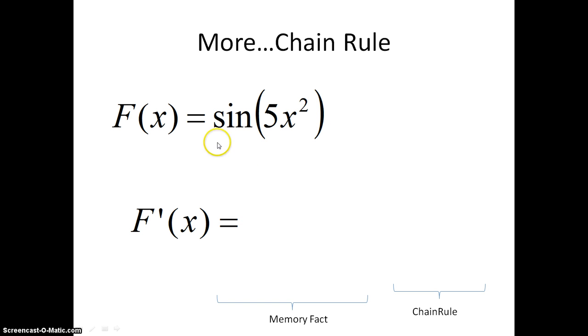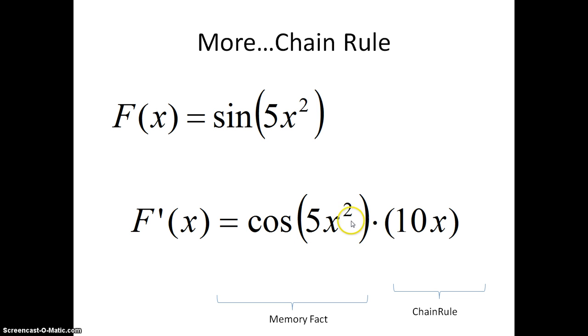How about something transcendental? If the original function is now sine of 5x squared, we know its derivative is going to be in terms of cosine of 5x squared. And then we take the derivative of the angle, which would be 10x. And we recall why we need the chain rule.